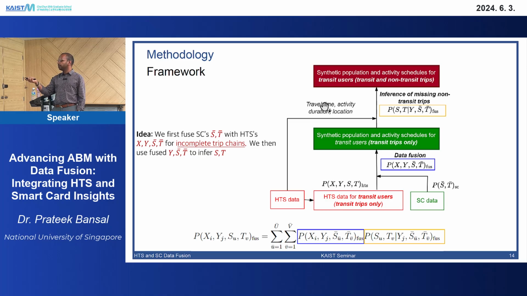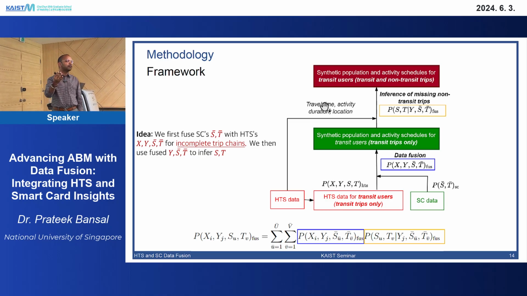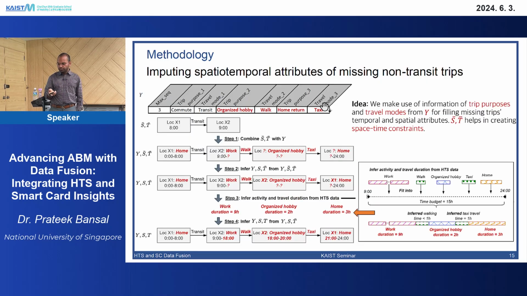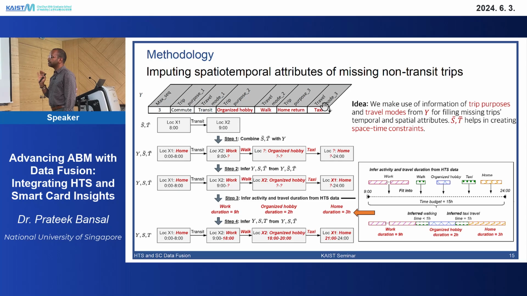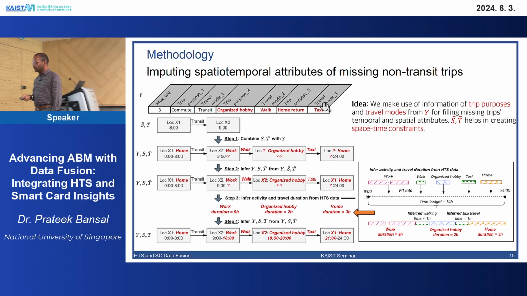Once you have done this data fusion, you have a good distribution of x, y, s bar, and t bar, then you can use the distributions from the household travel survey data to populate the non-transit trips' space and time. To make it clearer, let's try to understand the steps in this whole process.